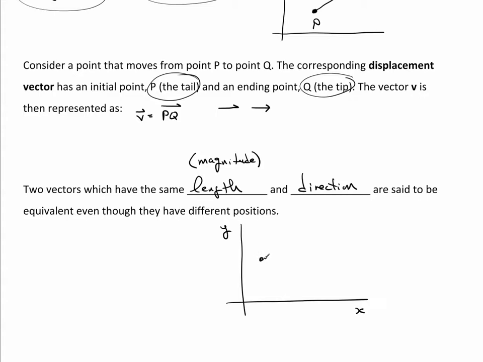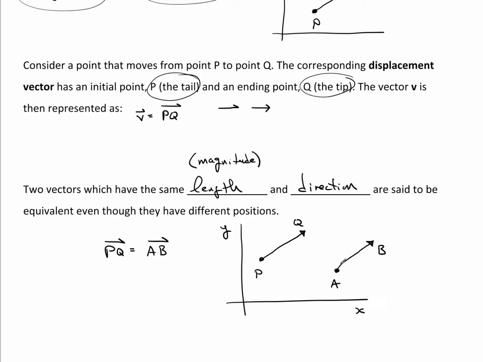So I have this vector here that goes from P to Q. And then I have this vector over here that goes from A to B. What this is saying is that the vector PQ is actually equal to the vector AB. These are equivalent vectors.